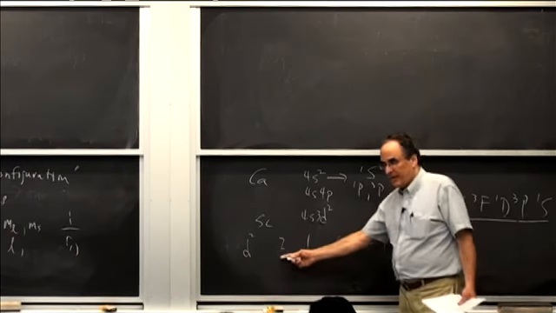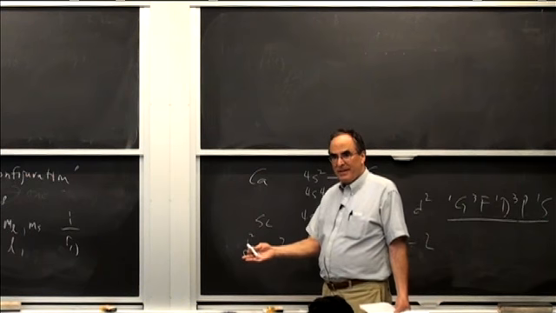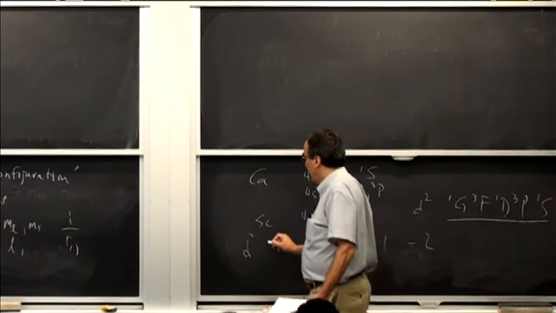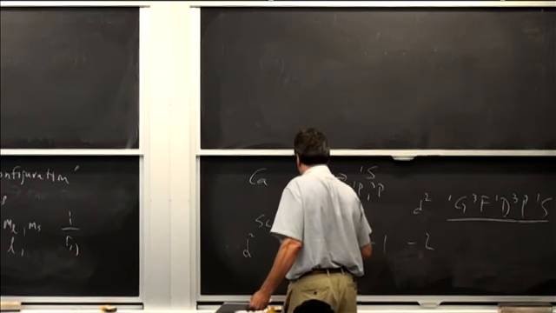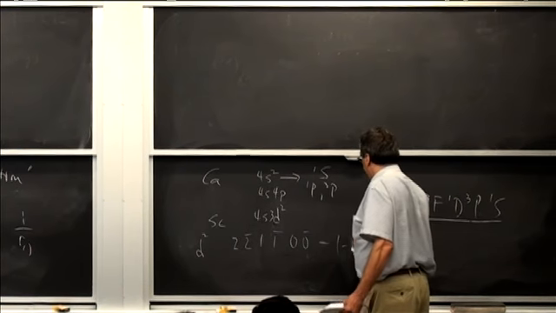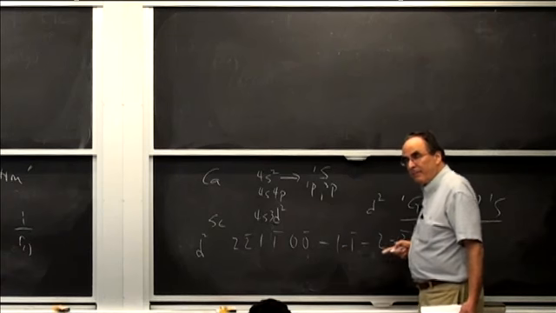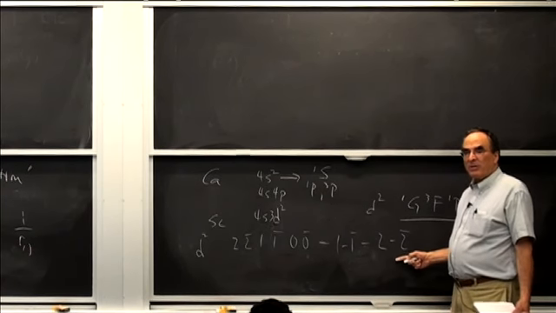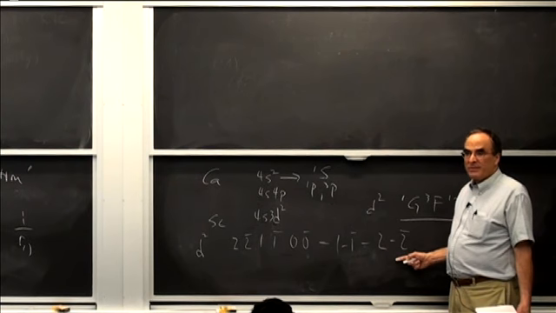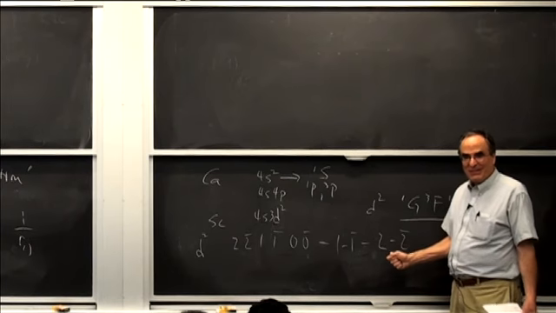These are the possible values of m sub L. And m sub S can have values plus a half and minus a half. And so these 10 symbols correspond to labels of spin orbitals, which are our basis functions.